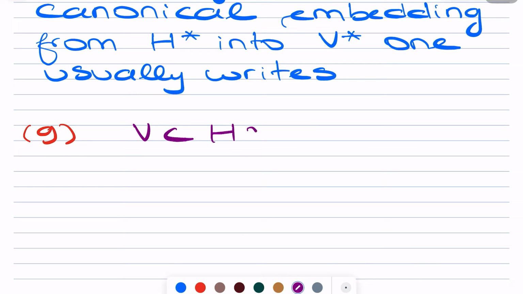that we see again as H star, which is contained in V star.